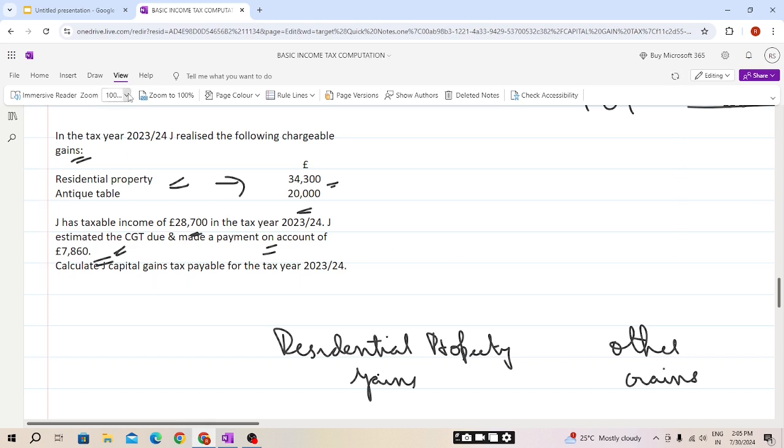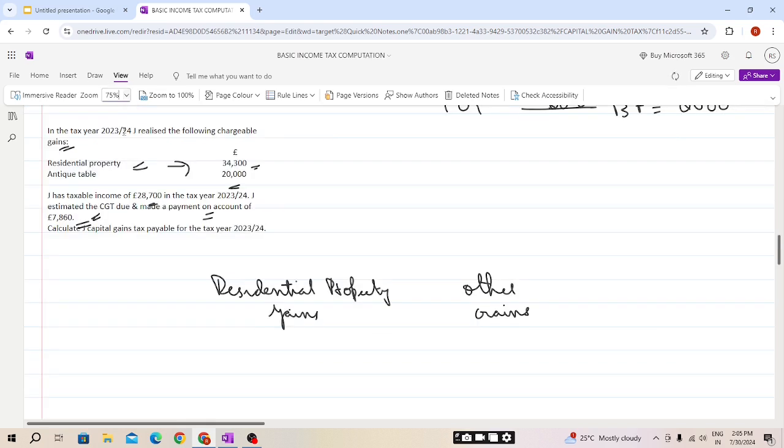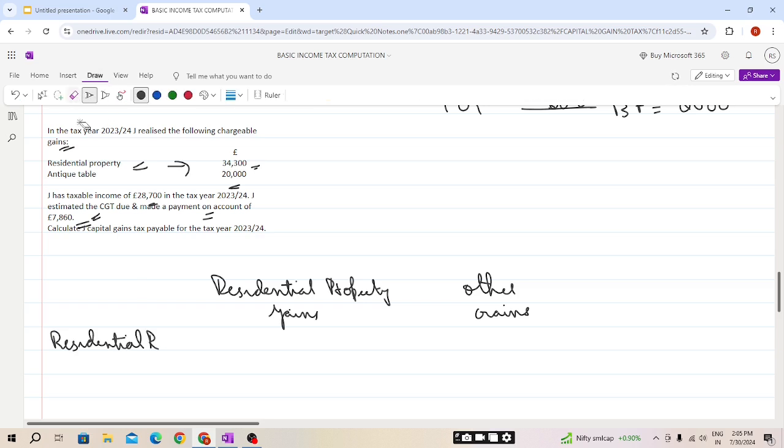I hope this point is clear, students. Then coming to the chargeable gains. Chargeable gains include the residential property gains, chargeable gains. It is, students, 34,300.